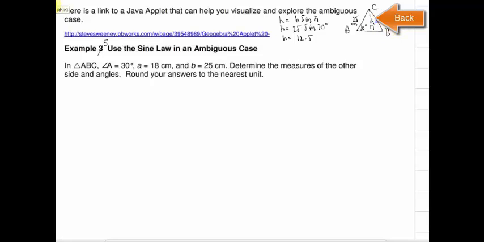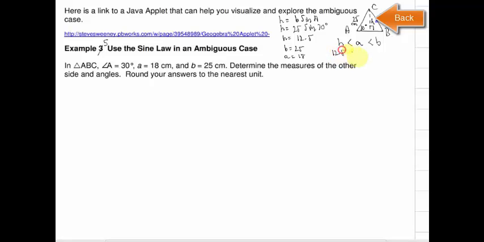Okay, so we want to make a comparison between h and a and b. Okay, so h is 12.5, b is 25, and a is 18. So you can see from the values that we have here that h is less than a, which is less than b, right?